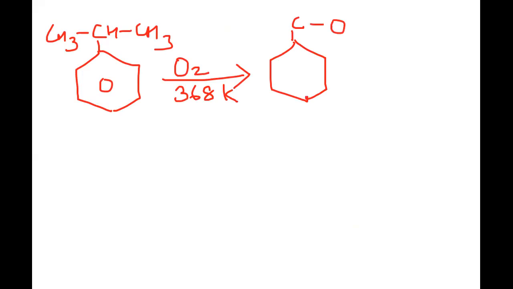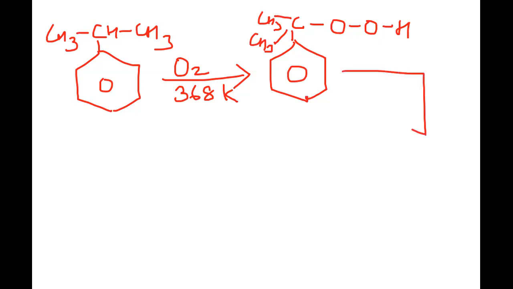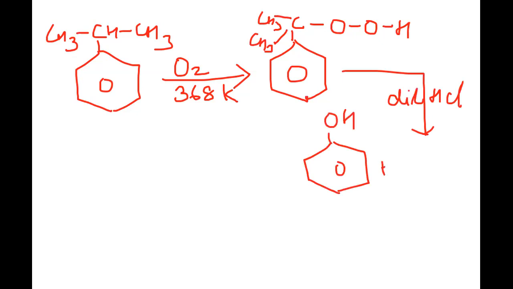You know it is supposed to have oxygen linkage, and it is going to be like this. The rest of the two CH3 groups will remain as they are. In the next step, when it is treated with dilute HCl, you get a molecule of phenol, and acetone is obtained.